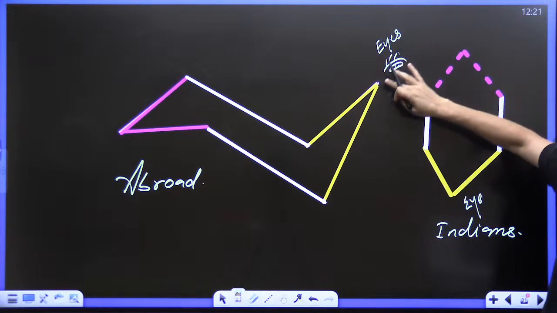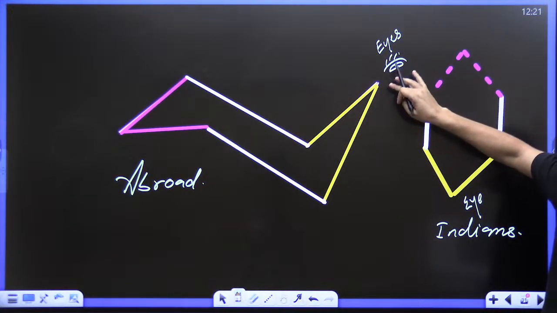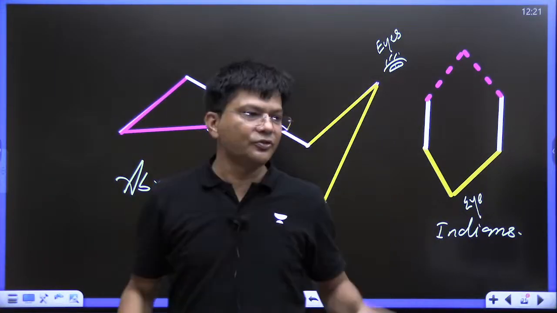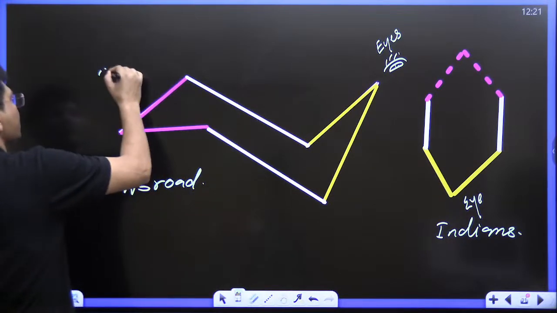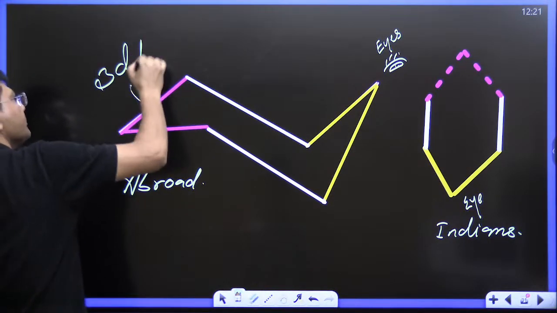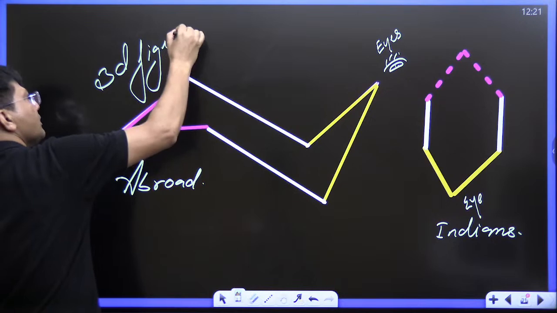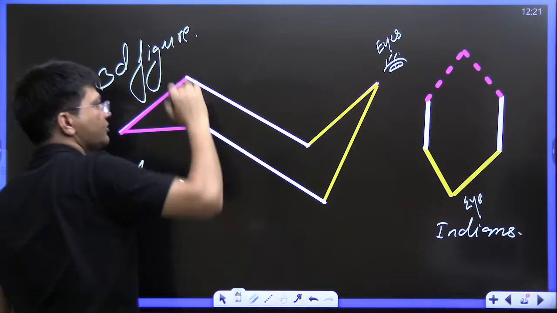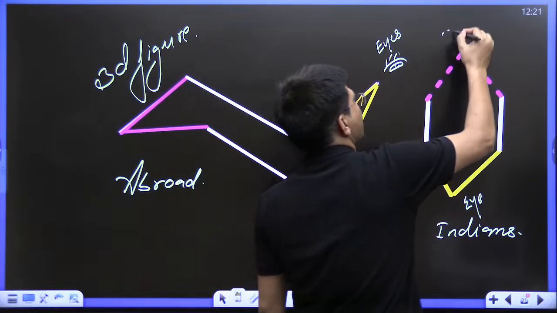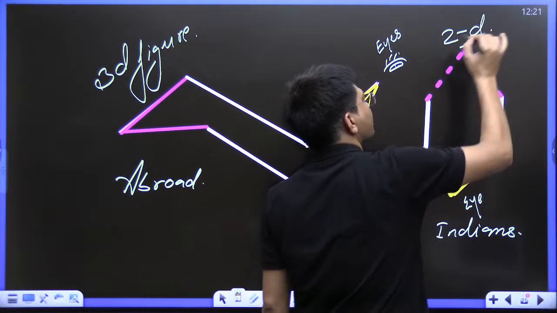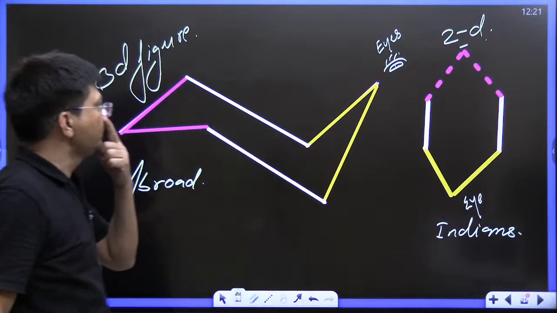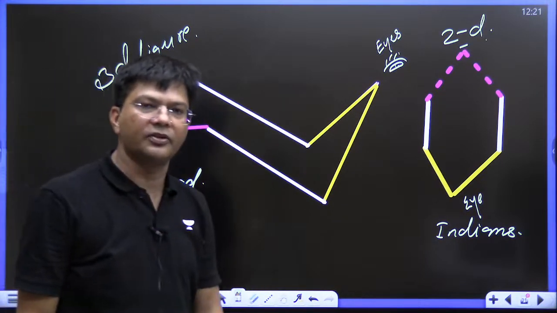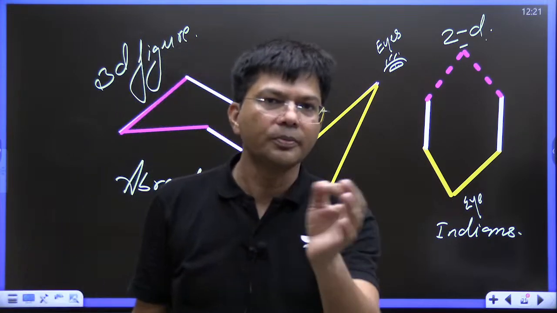If you see this structure from here, both are the same. This is a 3D figure, that is a 2D figure, but they are the same. Indian writers have converted the 3D figure into a 2D figure and draw it like this. Kids, everyone is able to understand that both mean the same.